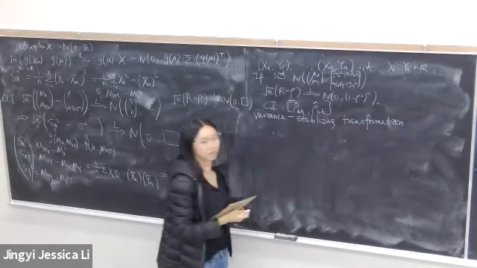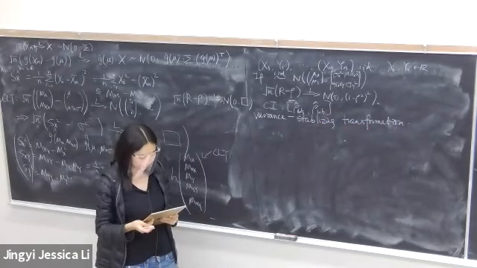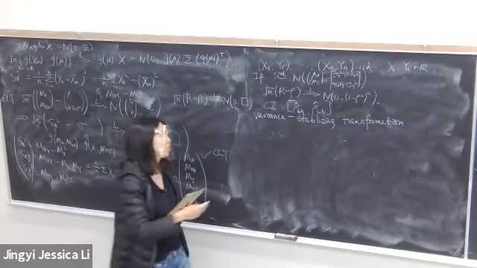Okay. And we're going to use the delta method again to help us with this. So you see, the goal is to find some transformation g.